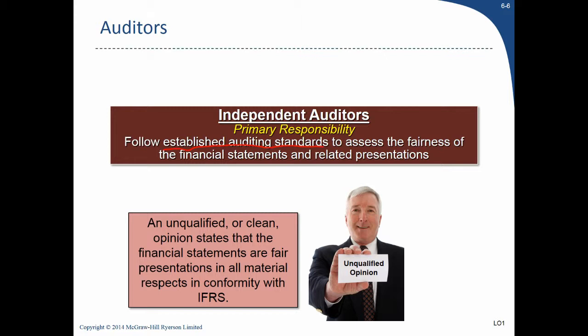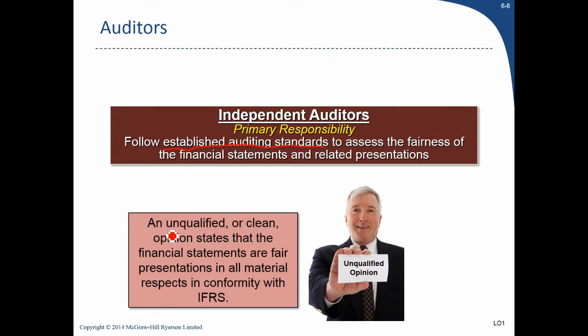You can't just look through every transaction. It is physically not possible. So there's audit standards that specify what needs to be done and how much work needs to be done and what the best approach is to get comfort with these balances. It's very judgmental, and it's a very hard area of practice to assess the fairness of the financial statements.